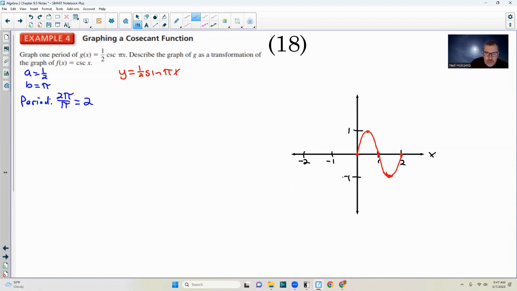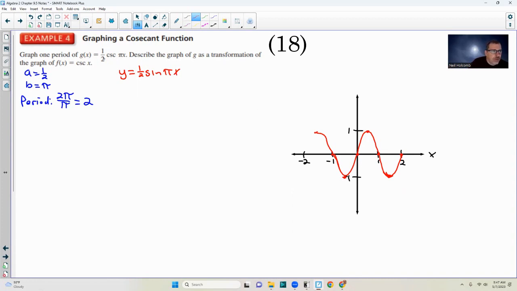So it's going to come down to -1 at -1/2, back up to 0 at -1, and on the other side, do this. Okay, so there is the sine function.